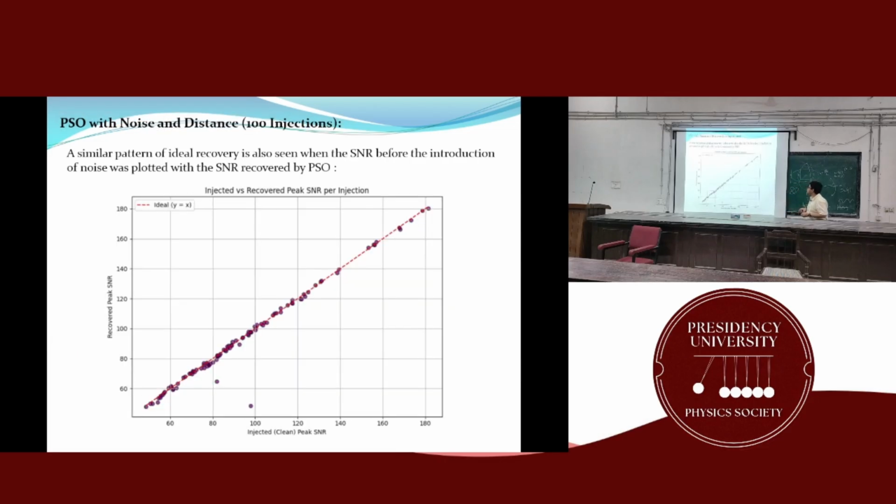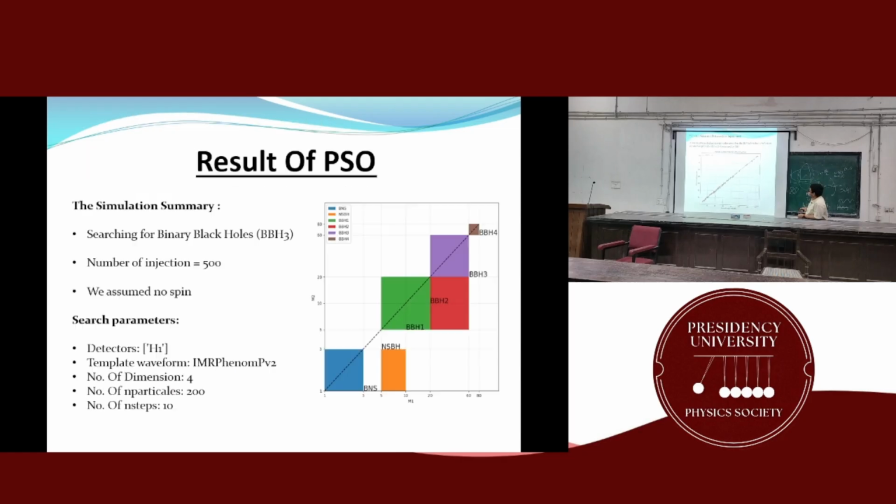And these are the injected and recovered SNRs, which are plotted from PSO. Now coming to the main result of the PSO, so we are searching for this mass group of binary black holes, BBH3. We have injected 500 injections.